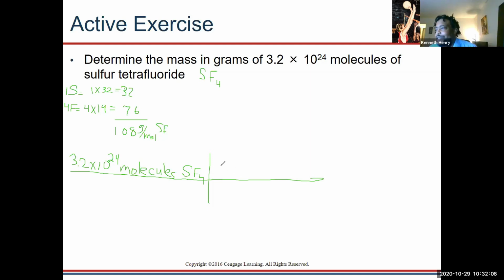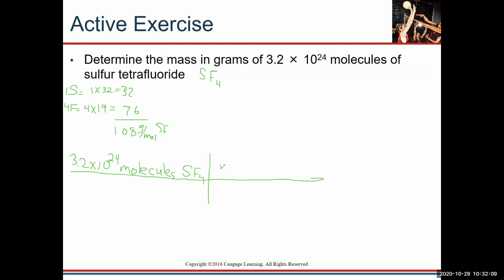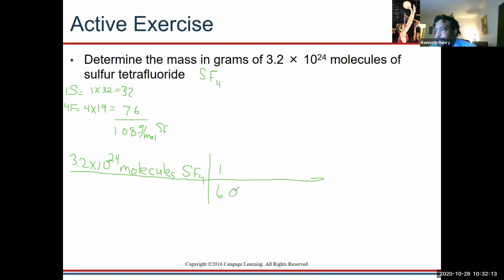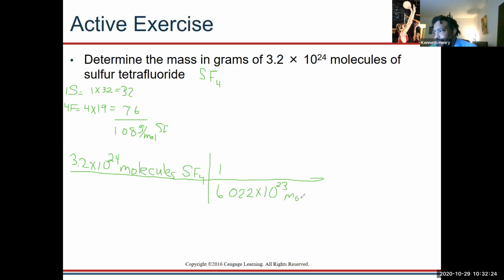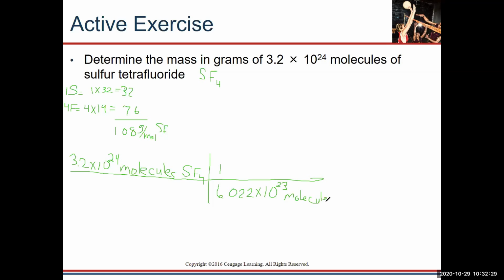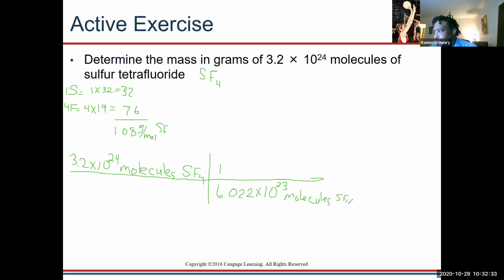So what is Avogadro's number? 6.022 times 10 to the 23rd molecules of SF4 over 1 mole of SF4.